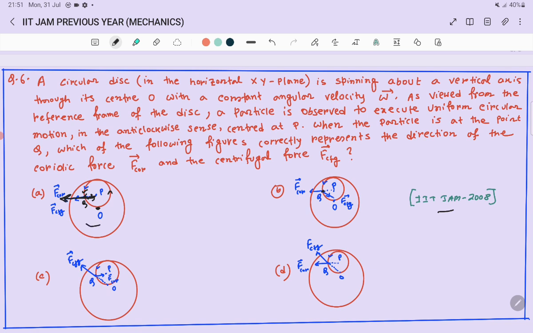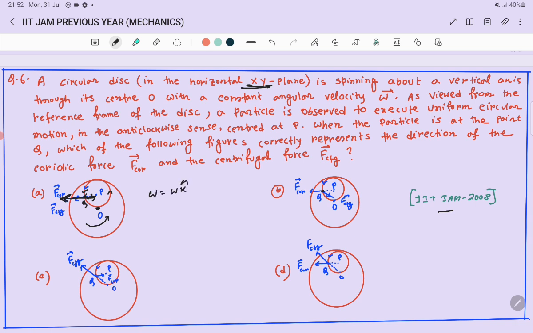Suppose omega is in the anticlockwise direction, then obviously the angular velocity vector omega will be perpendicular to this plane. So omega will be perpendicular to this xy plane, because the disc is rotating in the xy plane. So omega can be written as omega k cap.